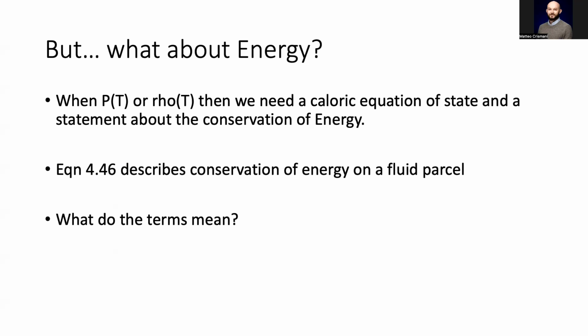That's a perfectly good equation of state that helps us simplify our solutions. In other cases, it's not so simple. For example, you saw with an adiabatic gas, you may have seen something like this: P rho to the gamma is a constant.